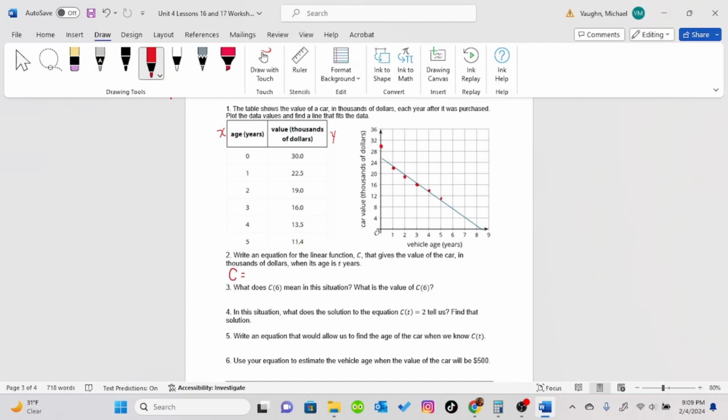And if we look at the line, we could take a point, maybe we say we cross at (2, 19) and (3, 17).